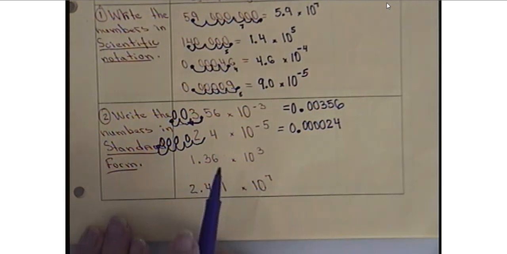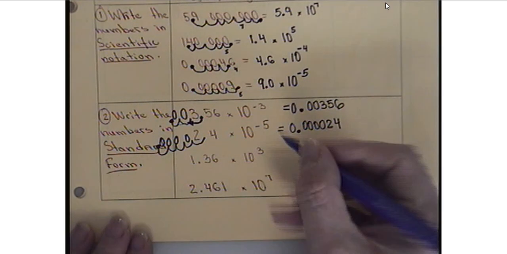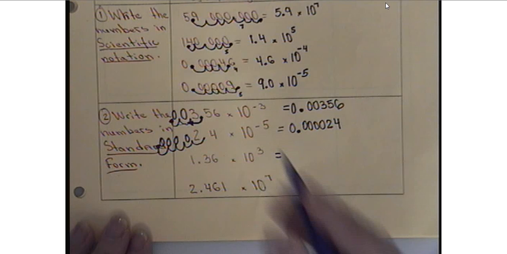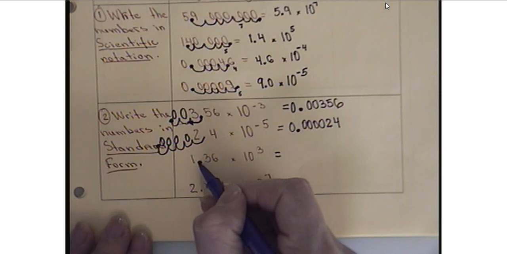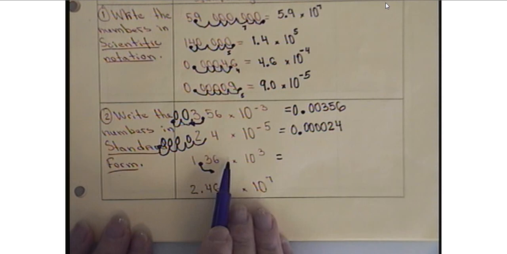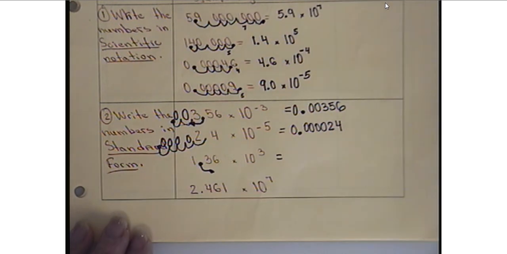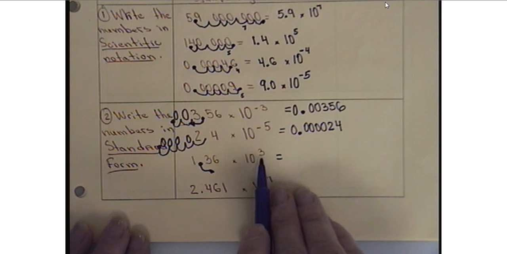Next 2 examples, we have a positive exponent. In this case, because it's a positive exponent, this point needs to go to the right, okay? And the reason we're moving to the right is because when I move the decimal point to the right, I will get a large number. From 1.36, the number will change to maybe 10,000 or 1,000, and it depends on how many jumps we need to do.